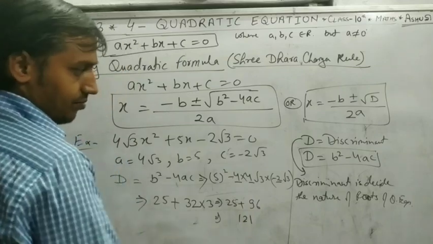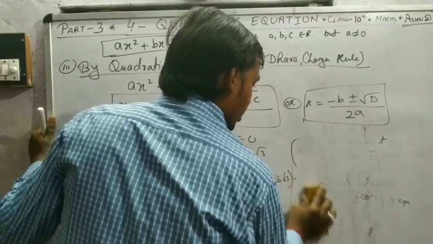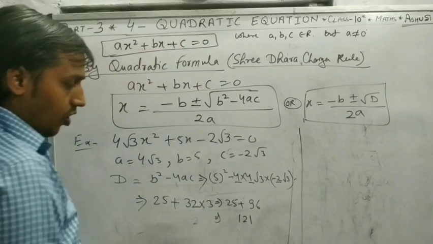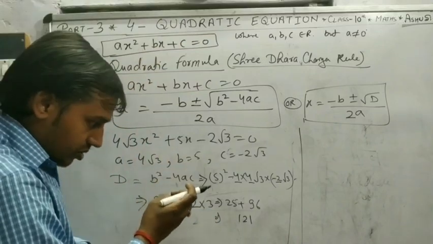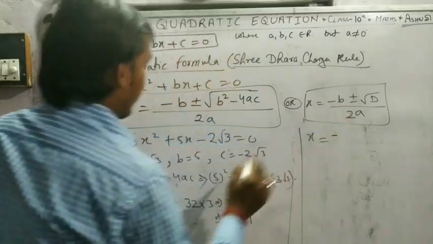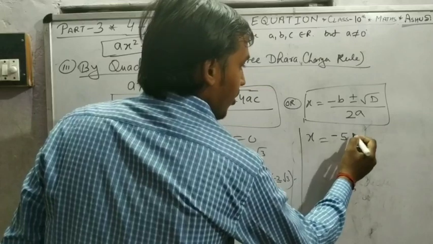Then this value we directly put here. Only for the solution, we take the value of D, that is minus b. What is b? 5. That is minus in the formula.